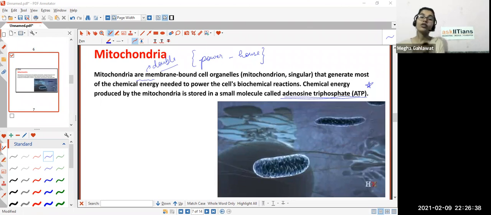Mitochondria in a person are mostly inherited from the mother, so studying the mitochondria, we can study the lineage of your mother's family, which is quite interesting if you ask me, right? Anyway, these are the semi-autonomous organelles.